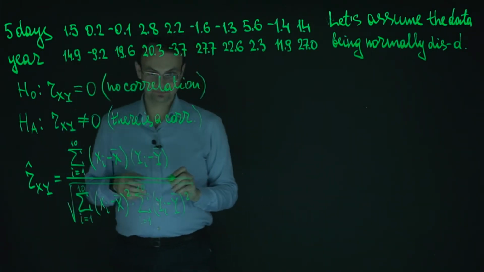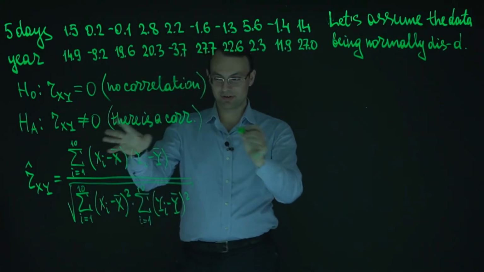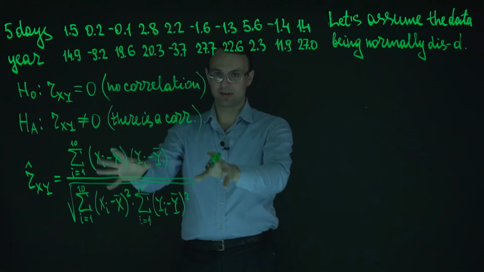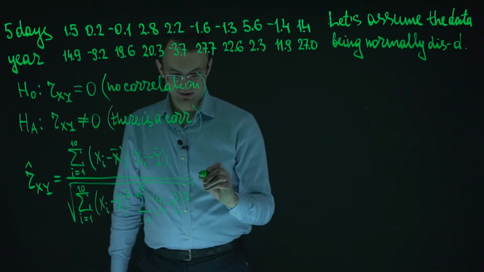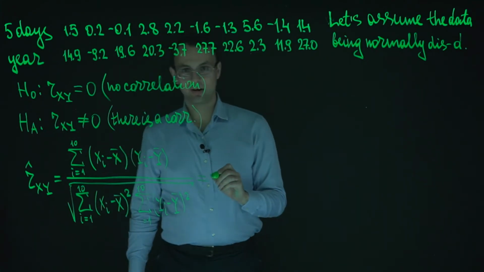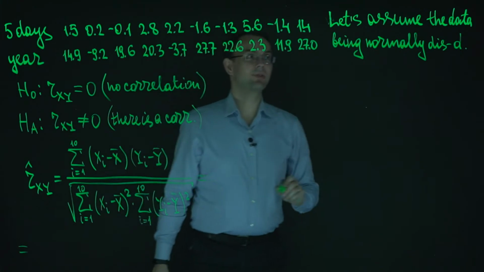So let me not waste our time by substituting the values and calculating all this here. This is not a class on arithmetics. Let me just give you the answer.